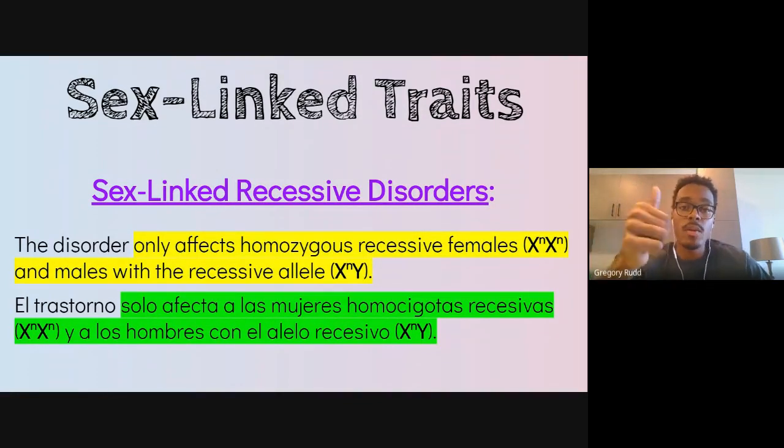They will affect homozygous recessive females, and they will affect males with the recessive allele. That's it. They don't affect homozygous dominant females. They don't affect carriers who are heterozygous females, and they don't affect males with the dominant allele. Okay, so these are the only 2 types of genotypes that are affected by these sex-linked recessive disorders.